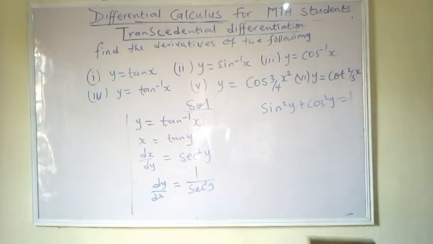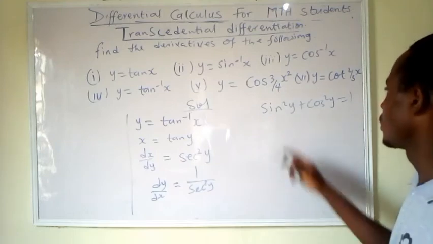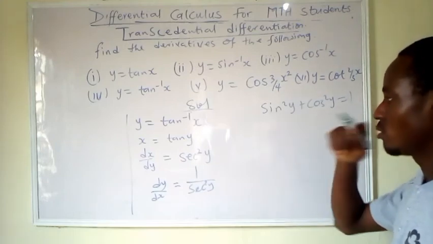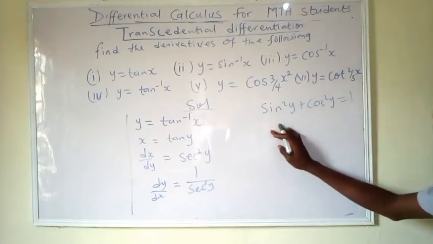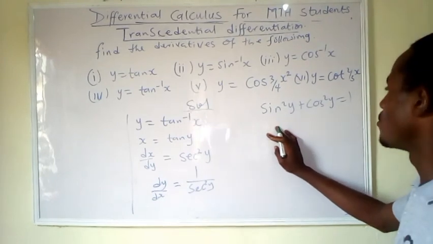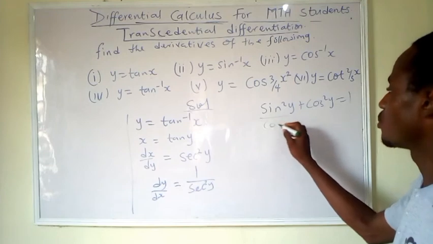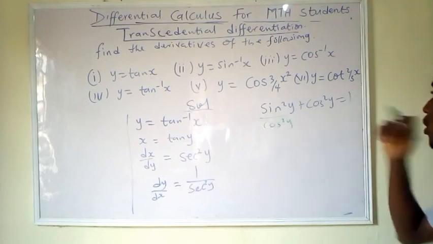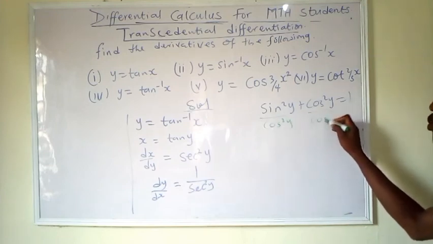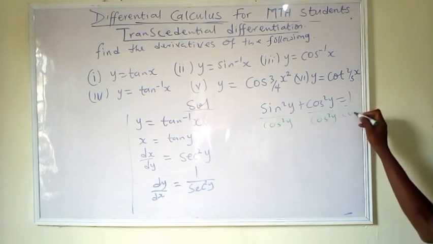Suppose I divide the expression by cos squared y. So I'm going to have cos squared y here, and cos squared y all over cos squared y.